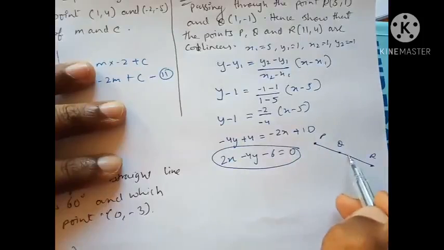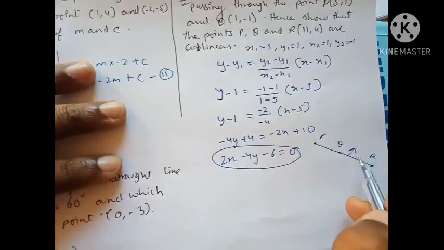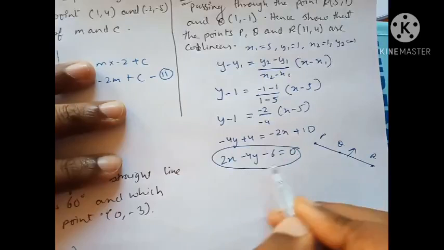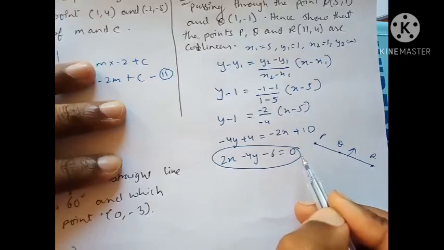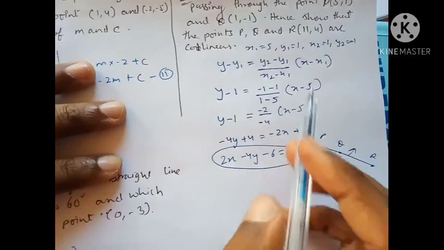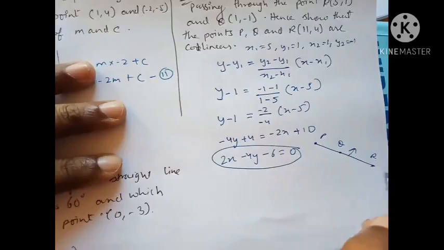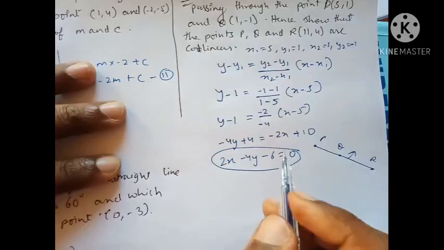Whenever I have an equation of a line, and I take a point that lies on it and put it in, it is going to give me 0 on the other side. So let's see whether R is a collinear point lying on this line or not. R is 11 comma 4.